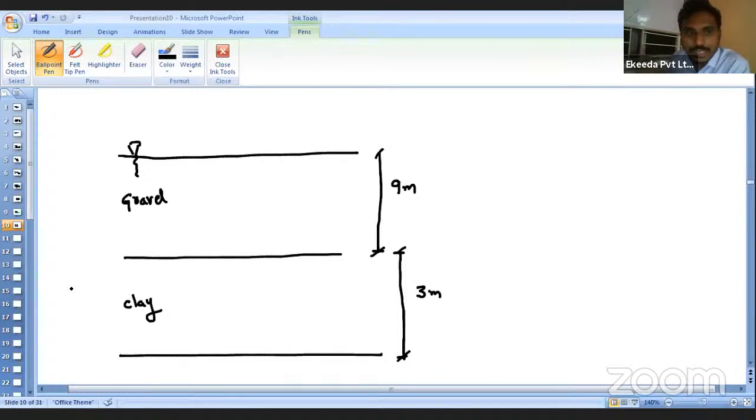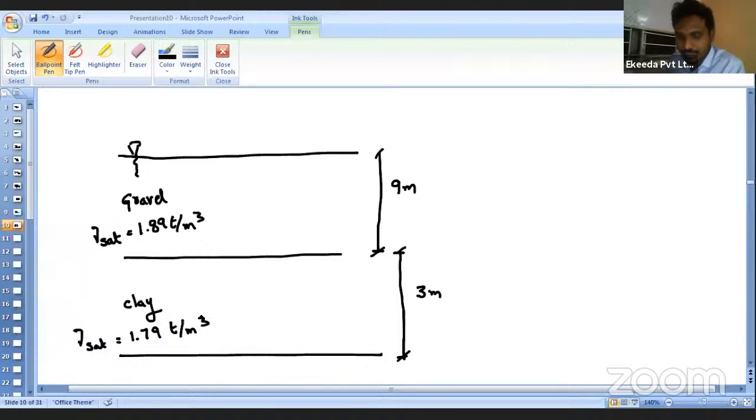The gravel soil has a saturated unit weight given as 1.89 ton per meter cube, and for the clay soil the saturated unit weight is given as 1.79 ton per meter cube.